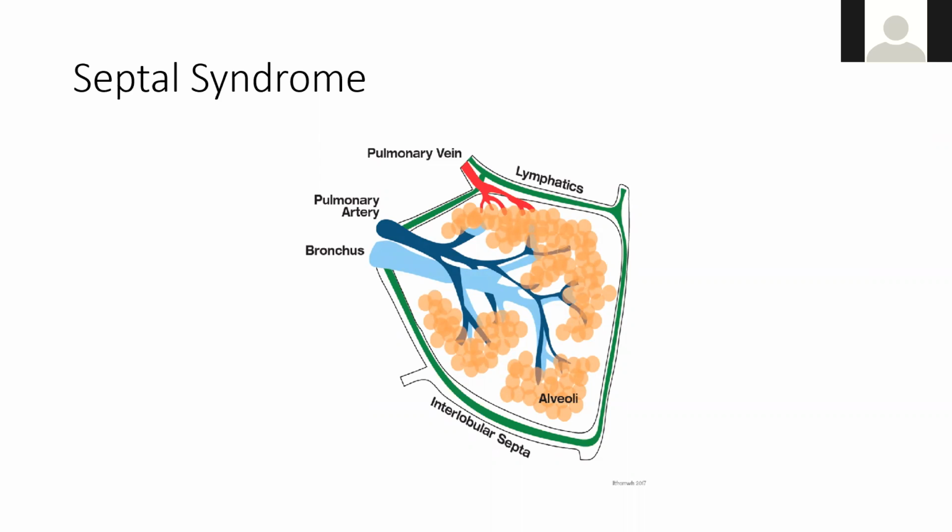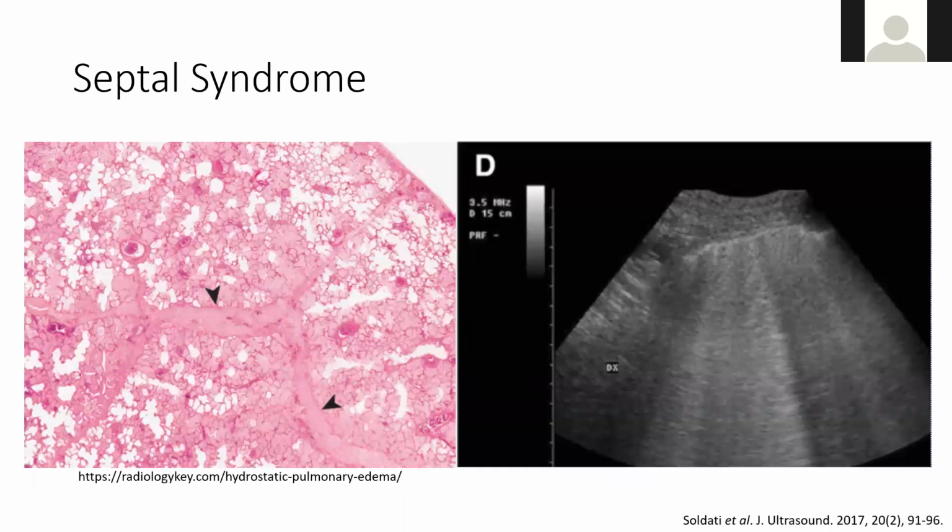Those clustered acini are bound by interstitial fibrous septa or interlobular septa, which is continuous with other interstitial components of the lung. And interlobular septa are thicker and more numerous along the lung periphery and subpleural regions. When you get an increase in microvascular hydrostatic pressure, there's transudation of protein-poor fluid from the microvessels into the interstitial space.